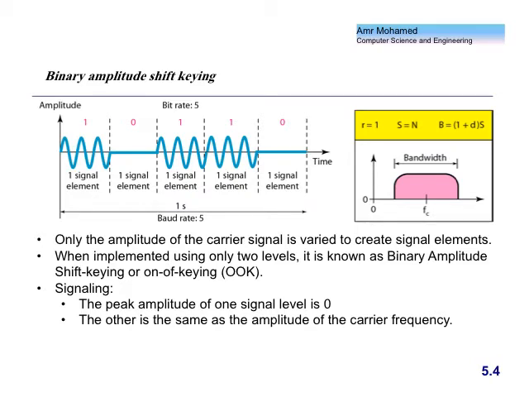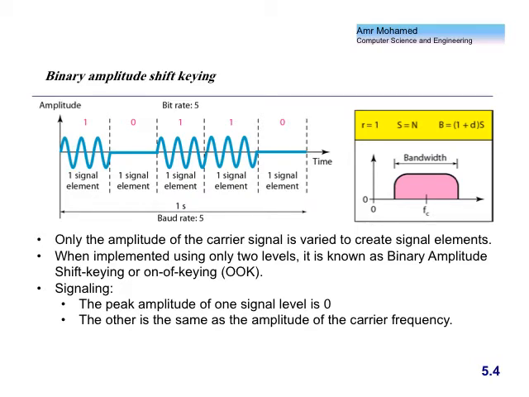This is still one signal element. So in that case, r is 1, which means that the signal rate is c multiplied by N. And the worst case for c is 1, which means that the signal rate in the worst case is N. So the signal rate equals the data rate.